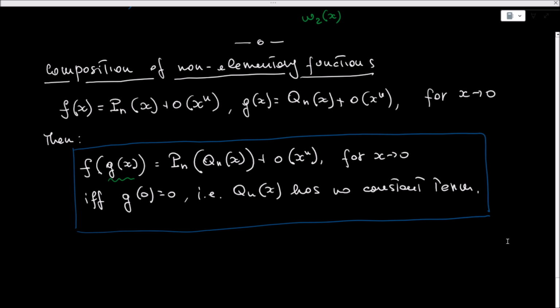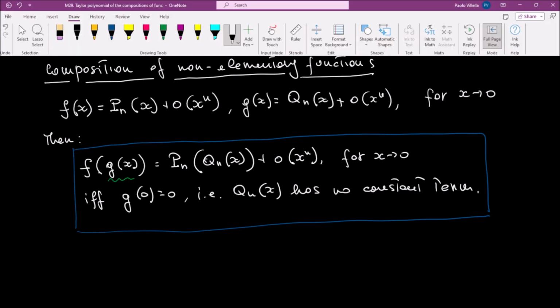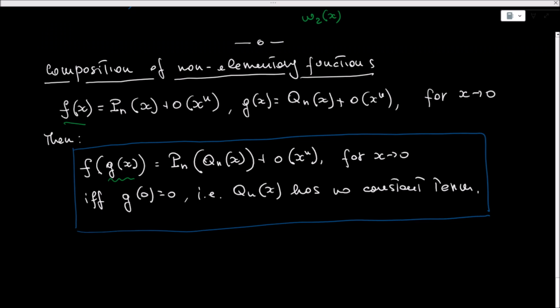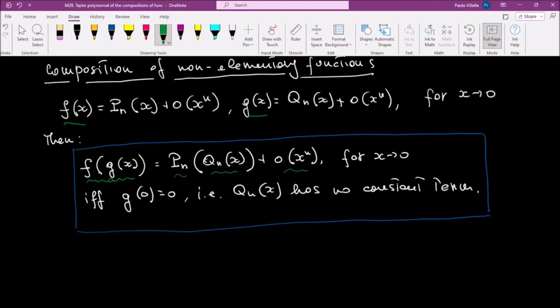So we have a function f of x and a function g of x. We are making the composition of f and g, and we want to prove that this composition can be expanded into a polynomial Pn of Qn of x plus little o of x to the n. So let's start with the proof.